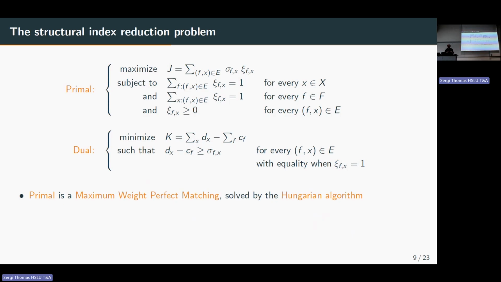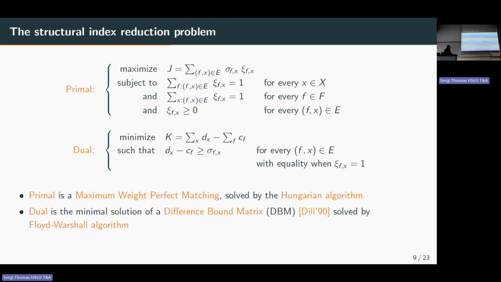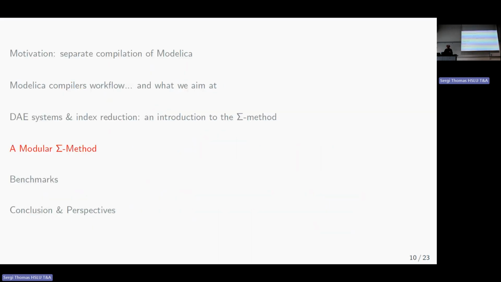It is a maximum weight perfect matching problem that can be solved with the Hungarian algorithm. And the dual problem is the minimal solution of a difference bound matrix that can be solved by the Floyd-Warshall algorithm. Both problems can be solved in polynomial time.